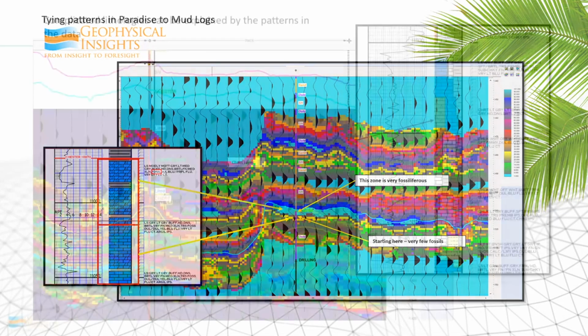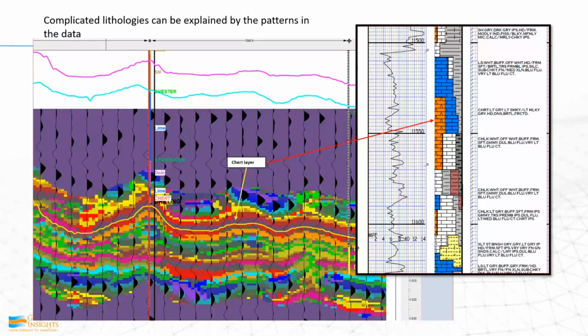Now, a lot of times people will say, well, if you're looking at something like that and you have all these different patterns going on, how can you tell what you're looking at? Well, Mother Nature is not always simple. In this case, I was looking for a chert, and that chert is right here in the mud log.